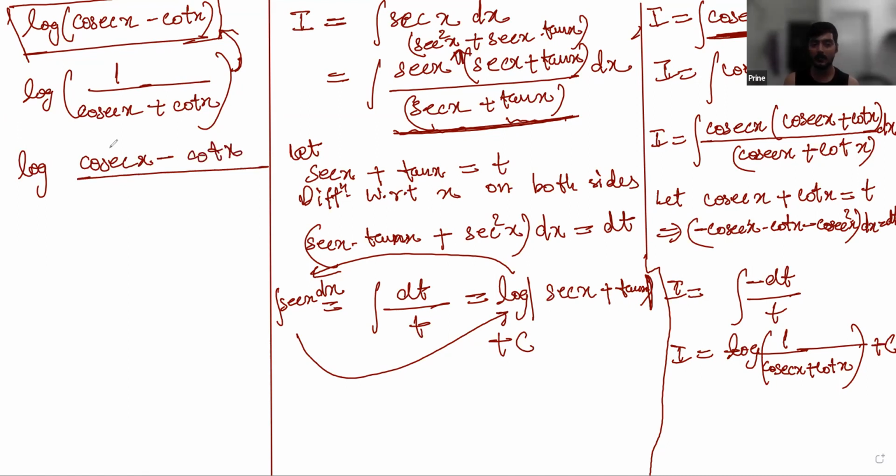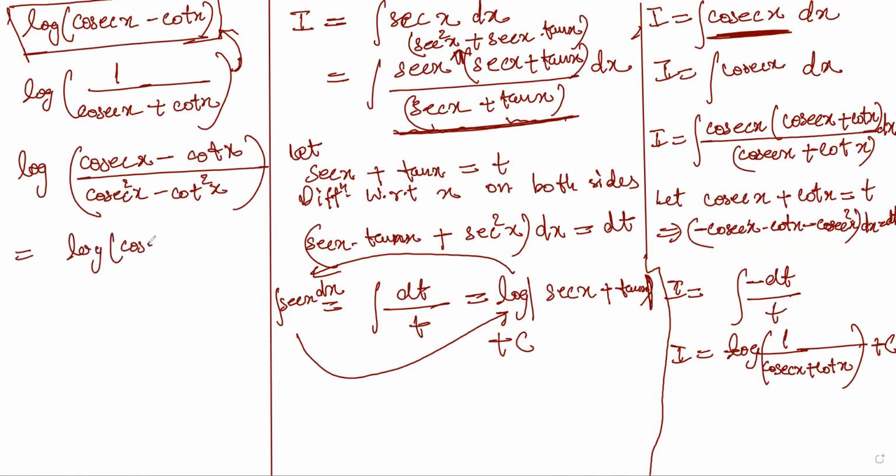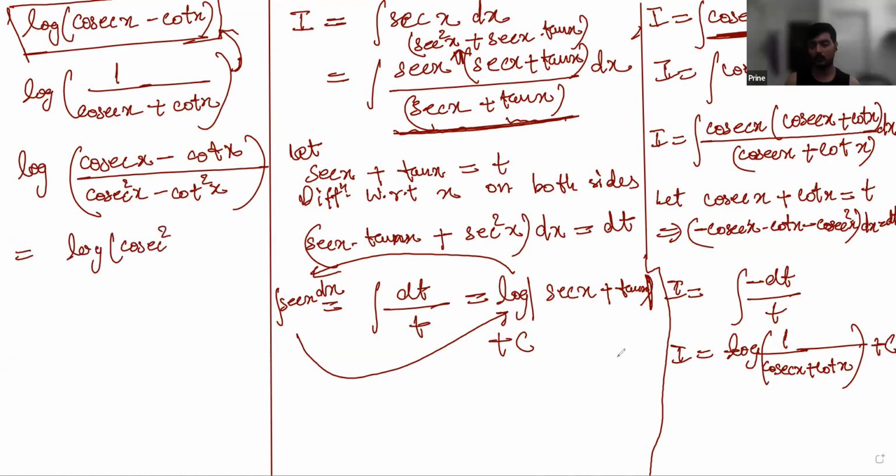In the numerator this becomes cosec x minus cot x. In the denominator, the formula (a plus b)(a minus b) applies, giving cosec square x minus cot square x. Do you know what cosec square x minus cot square x is? So the final answer is cosec x minus cot x only. They are both the same. Don't worry about this.